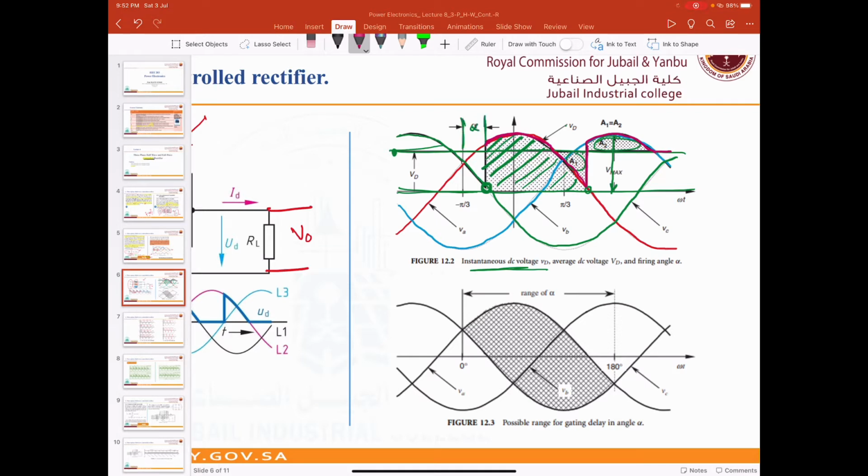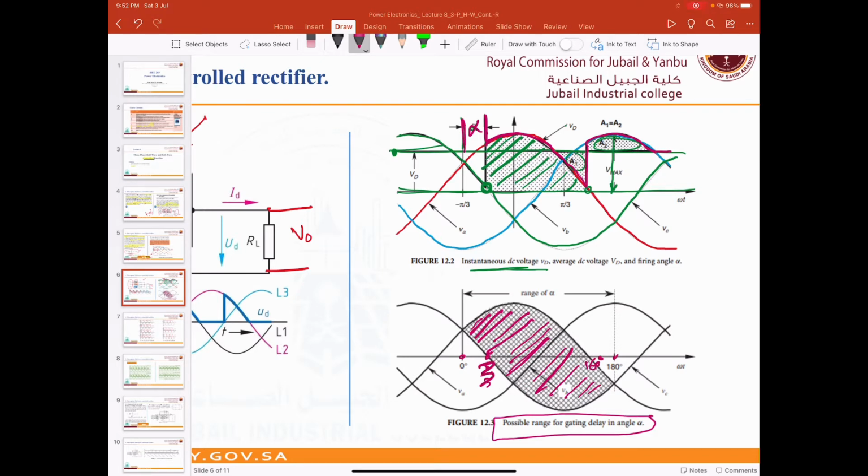Here, guys, this is the possible range for getting delay. Remember I told you that we can vary alpha between 0 and 180, and here as you can see we did not start from 0 and we did not reach 180 because this is not possible and practical. So this is the area that we can adjust alpha in between. So approximately here like pi over 3 up to 180 here, 160 degree.